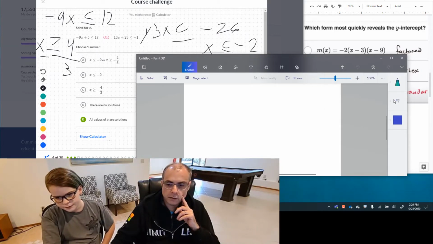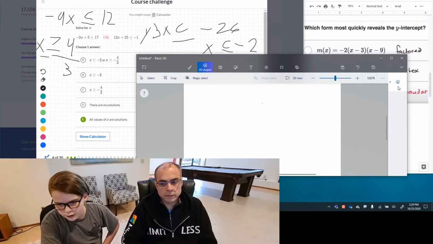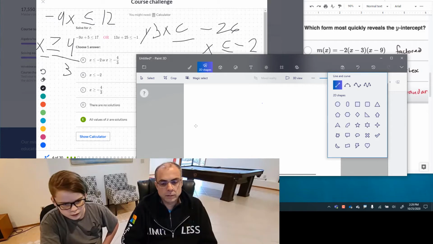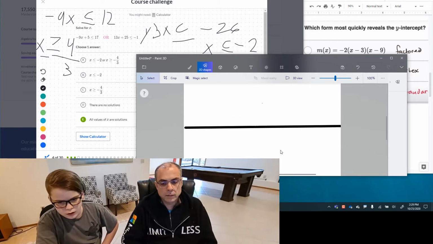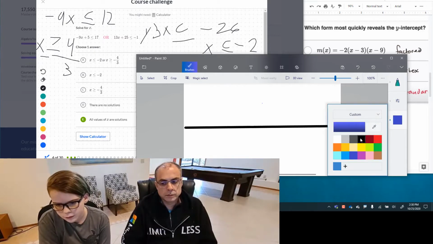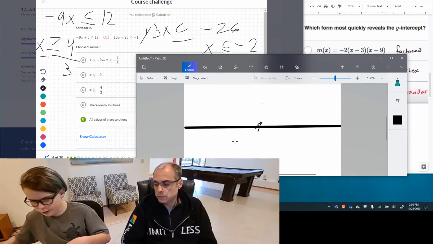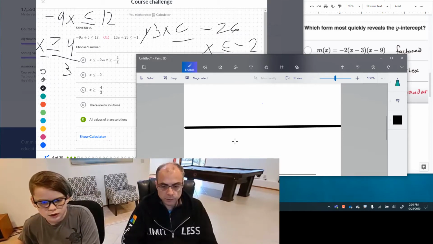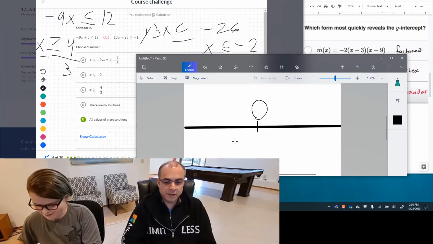It's not on negative 2. In here, oh, it's because I'm starting with the mouse. You can do Control Z. 0, it's a big 0.